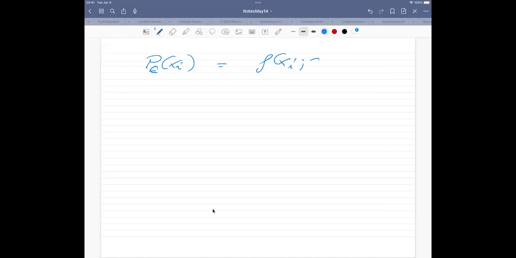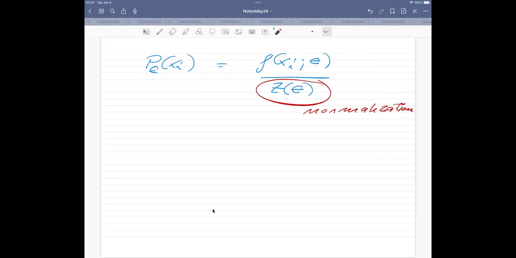And there are some parameters theta. And there's a normalization factor, Z of theta. So this is nothing but a standard probability distribution where we have a normalization factor, which is just a normalization constant. And the rest of the function, which then defines the probabilities, is given by the function which we see here.